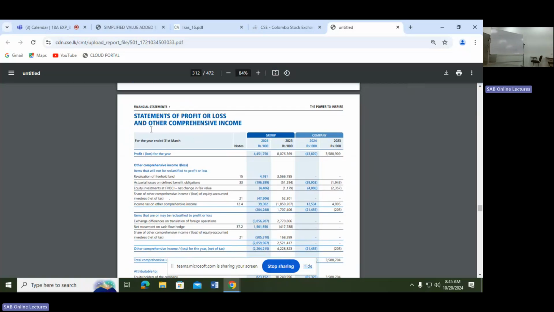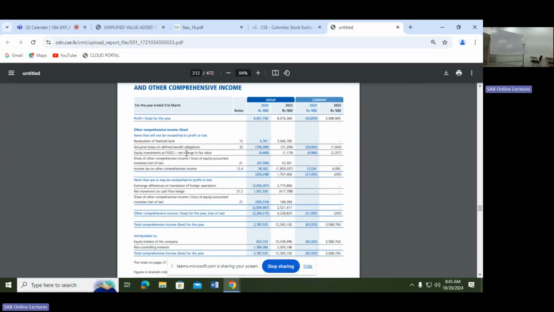Statement of profit or loss and other comprehensive income. In other comprehensive income we have two types. What are they? Items that will not be reclassified to profit or loss, and items that are or may be reclassified to profit or loss.